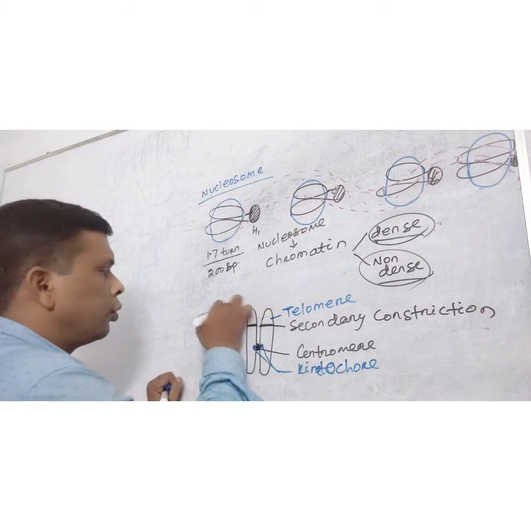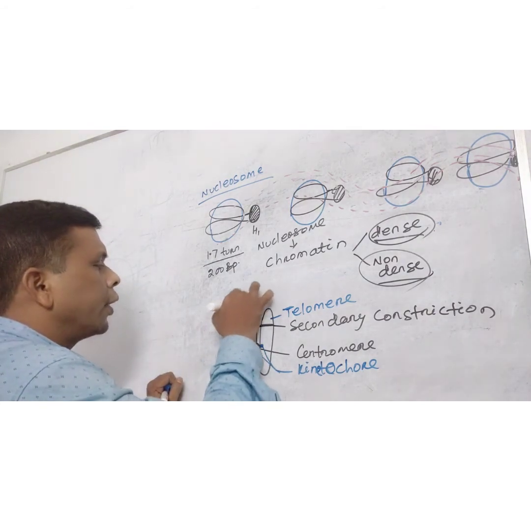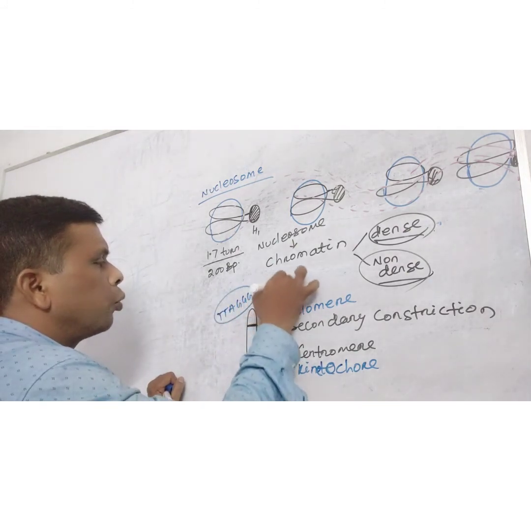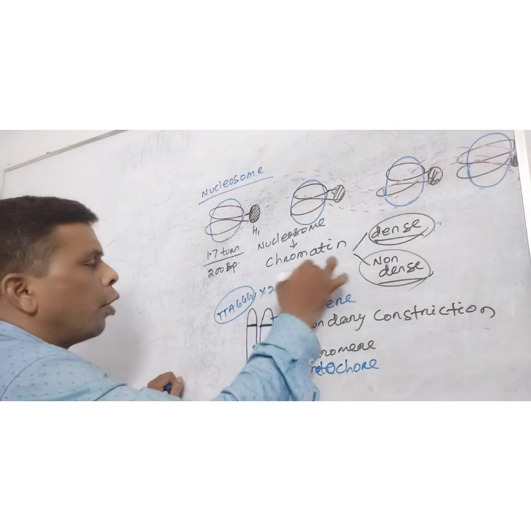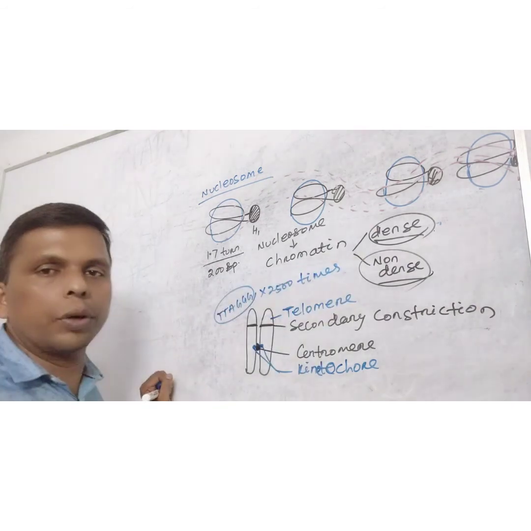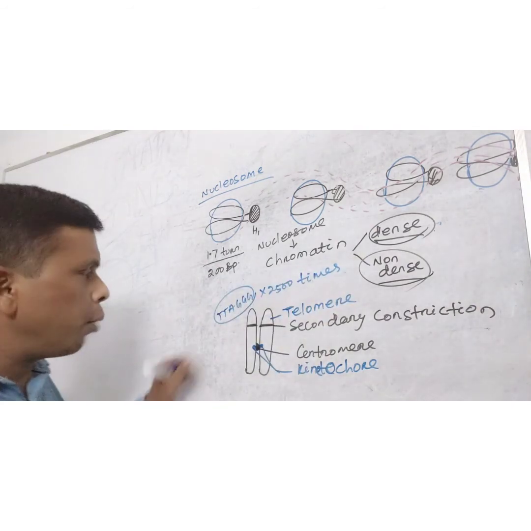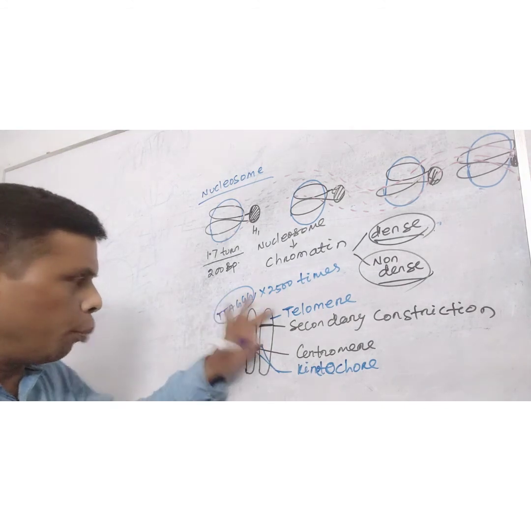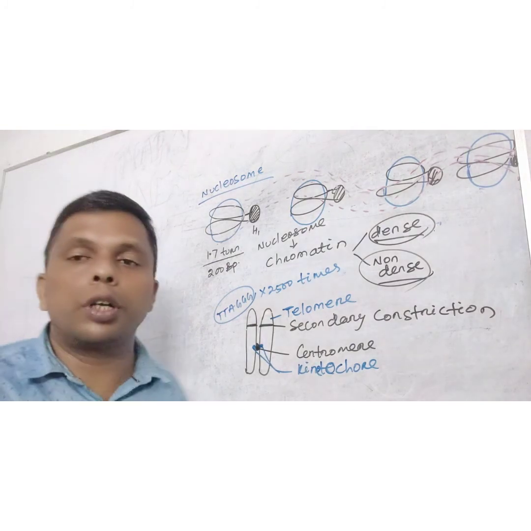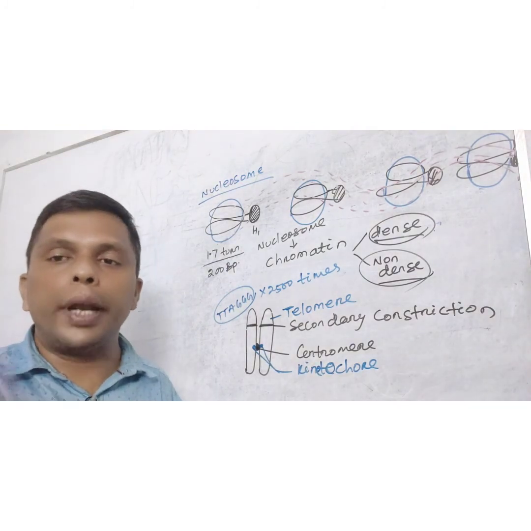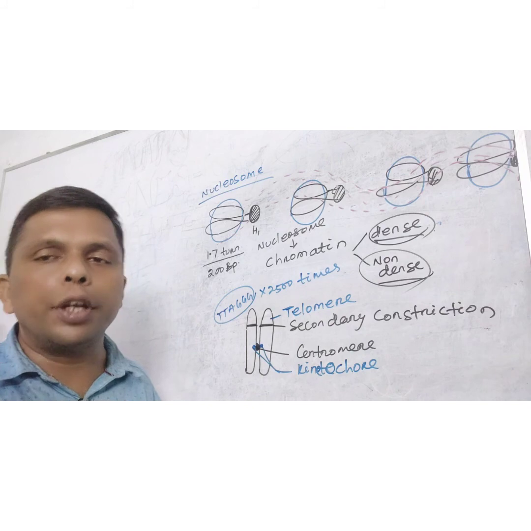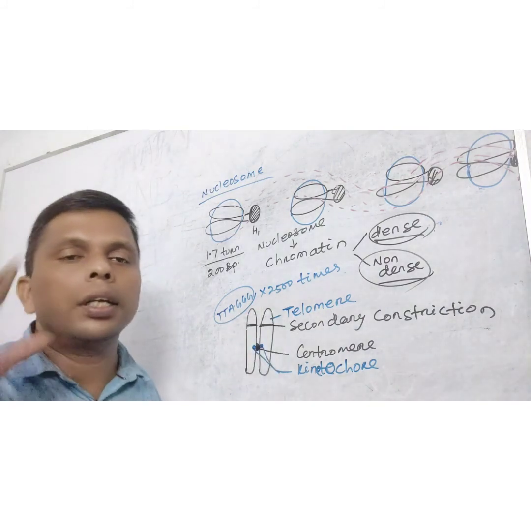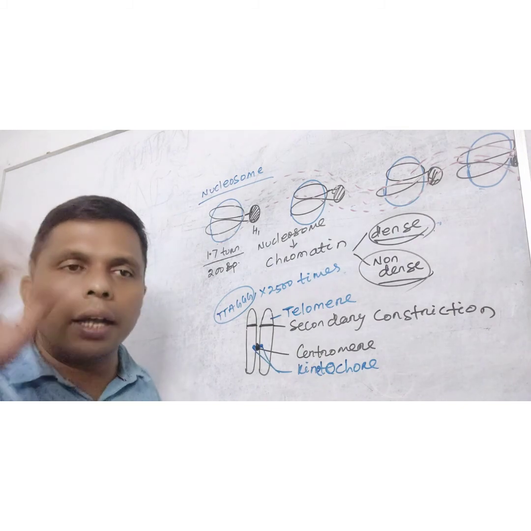The sequence TTAGGG is repeated 2500 times, and this repeated sequence produces the telomere. What is the function of the telomere? The telomere maintains the individuality of the chromosome. If the telomere exists, then the chromosomes are unique and do not attach to each other.